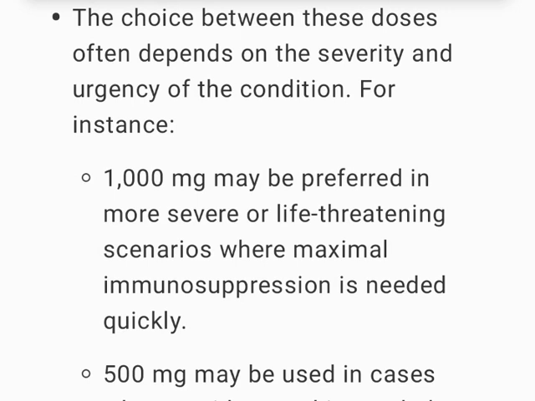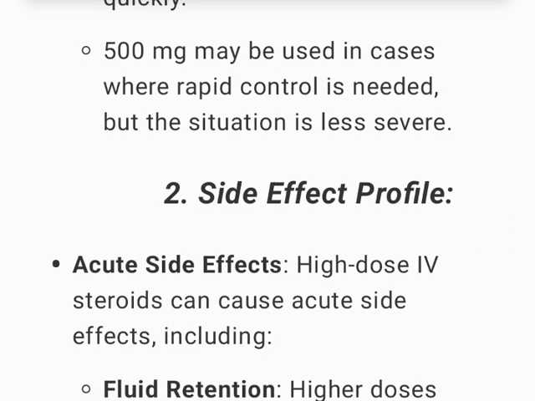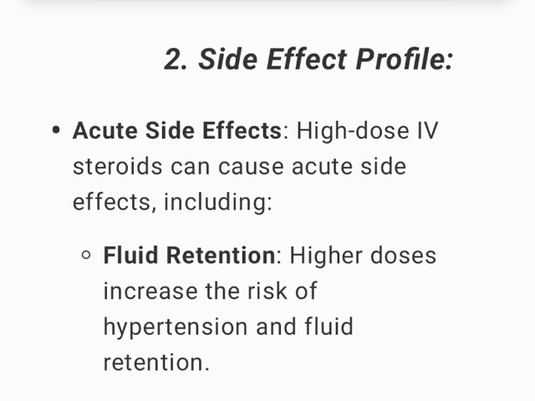The choice between these doses often depends on the severity and urgency of the condition. For instance, 1,000 milligrams may be preferred in more severe or life-threatening scenarios where maximal immunosuppression is needed quickly. 500 milligrams may be used in cases where rapid control is needed, but the situation is less severe.